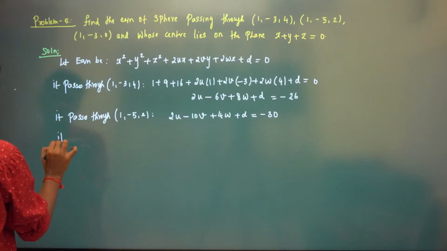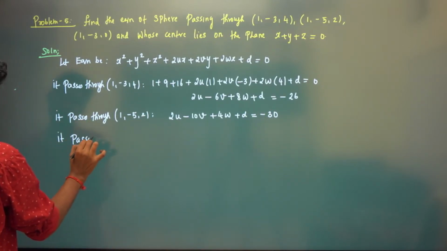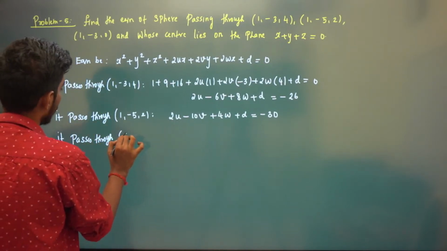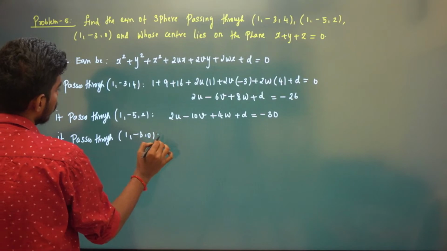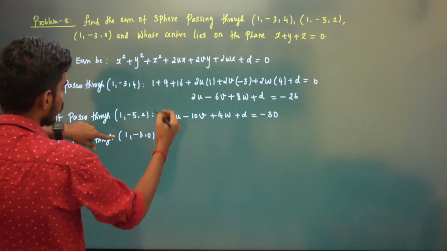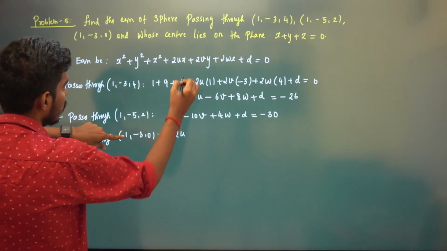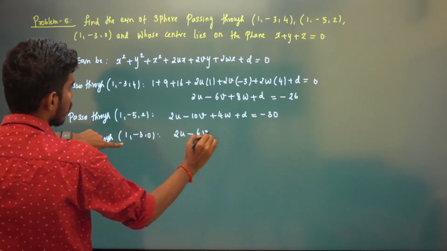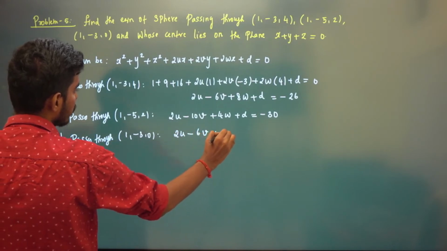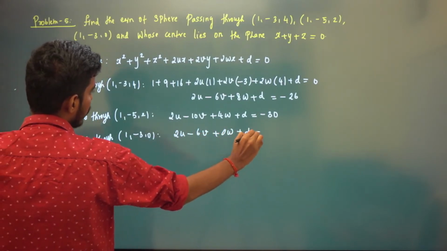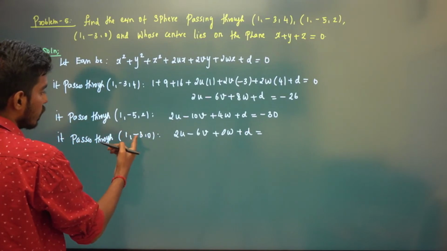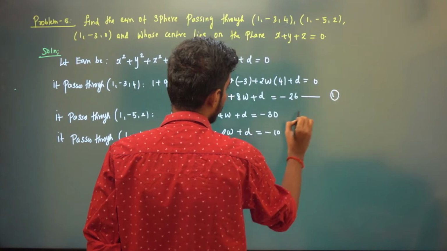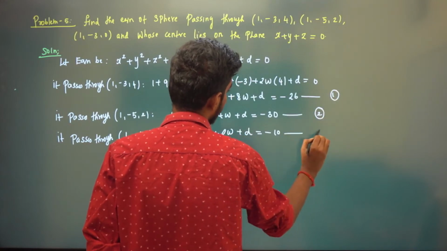Now again it passes through 1 comma minus 3 comma 0. So I'm going to do this directly. 2u into x is 1, 2v into y, y is minus 3, so we'll have minus 6v. w is 0, so we will have 0w plus d equal to minus of x square y square z square. So 1 plus 9 is 10, it will be minus 10. This is equation number 1, equation number 2, equation number 3.